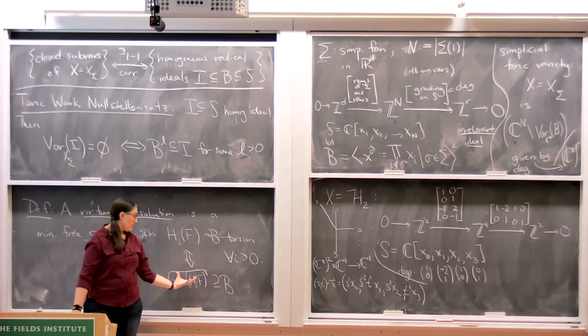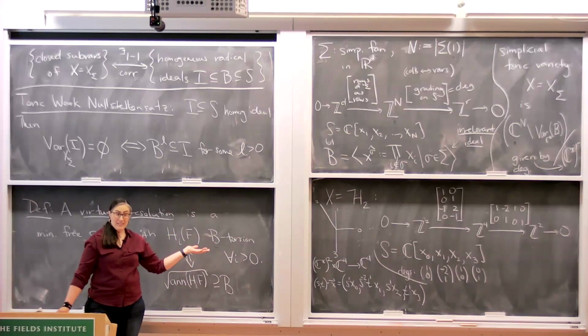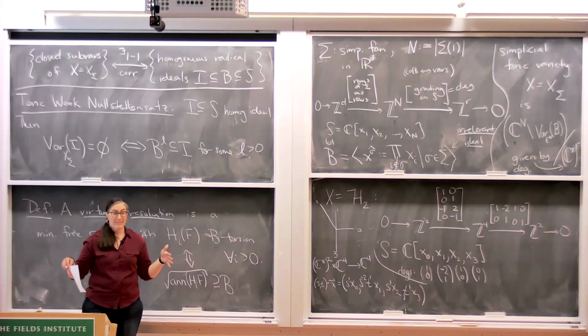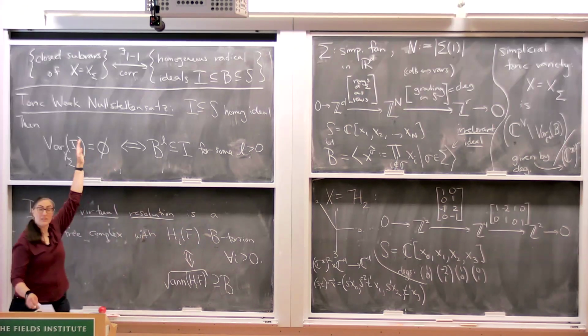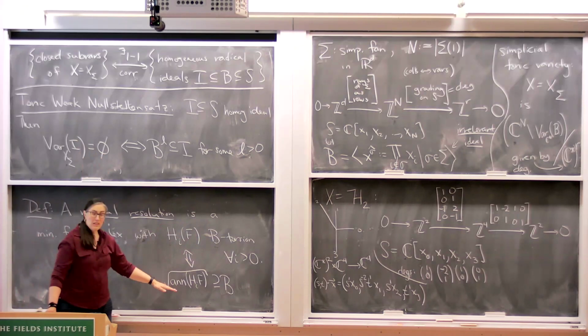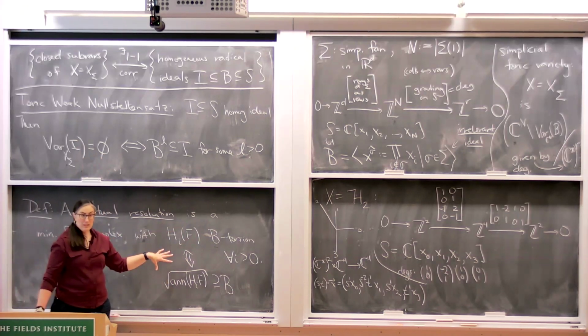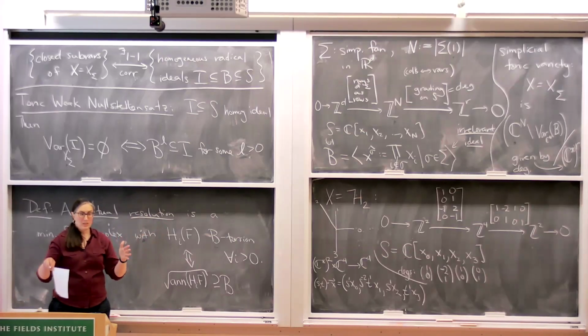That would be introducing B torsion at the H0 level. Just resolve that. And that would already be giving you something. And sometimes you can get shorter just doing that. So that's some of what you'll do in the exercises, is start looking at ideals that are homogeneous, intersecting with B or components of B, so that you're introducing some of this B torsion and seeing if you can get resolutions that get shorter, so that you can maybe get down below the dimension of the space at least. Okay? I will stop there.